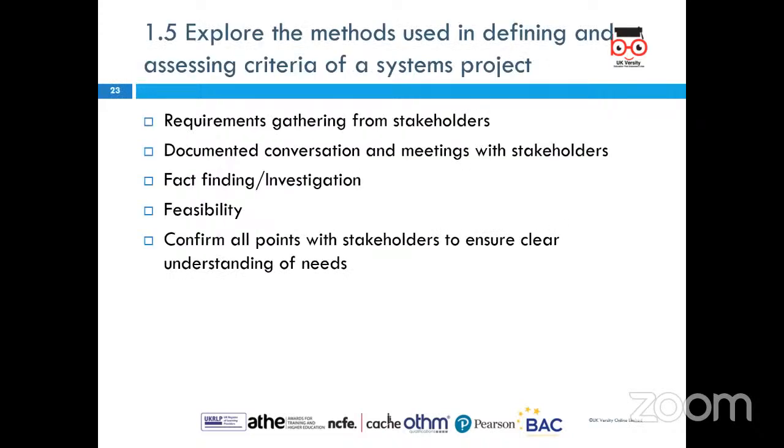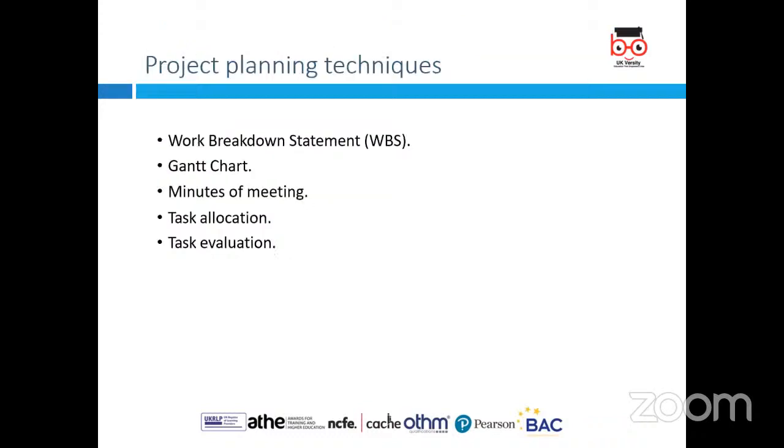Now we're going to explore the methods that are used for defining the assessing criteria. So when it comes to methods and techniques, there are several of them. We can have a WBS, which is work breakdown statement, which we'll look into in more detail.